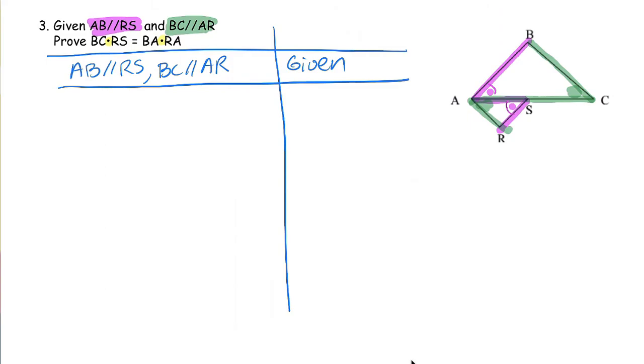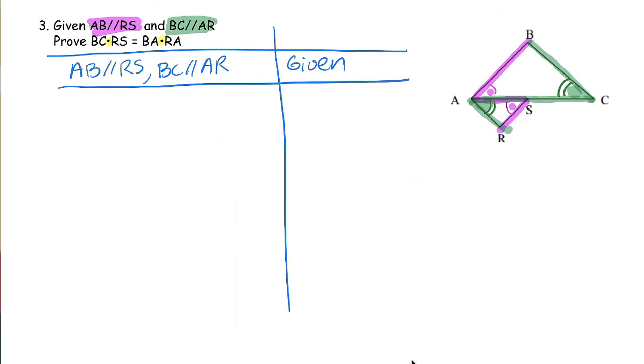Now, you don't want to mark this angle pair the same as the other angle pair, so you want to give it 2 little arcs. It's very important that you realize this angle pair is not the same as the first angle pair. And once we've used both pairs of parallel lines, we have 2 pairs of angles that are matching. And that is enough to say that the triangles are similar by angle, angle.